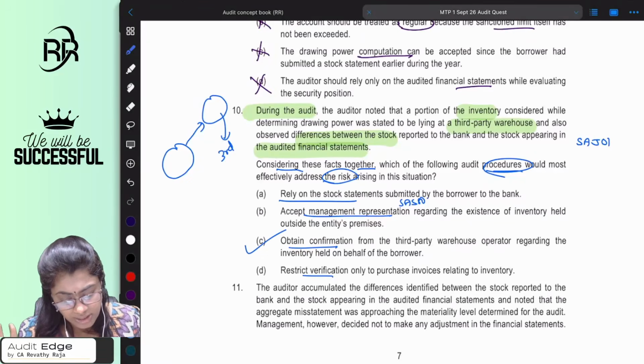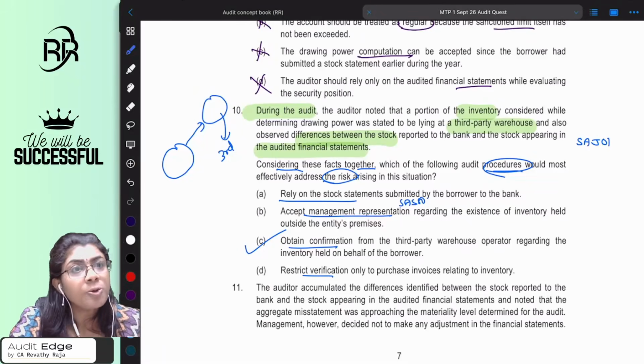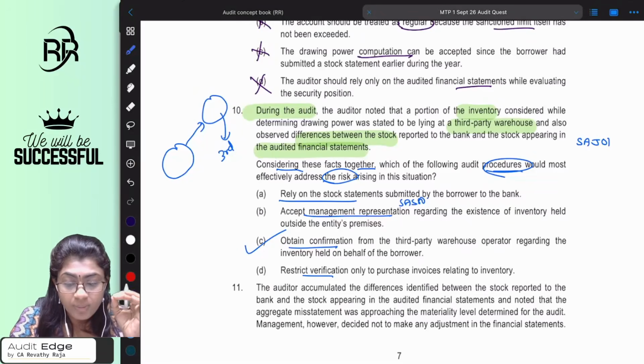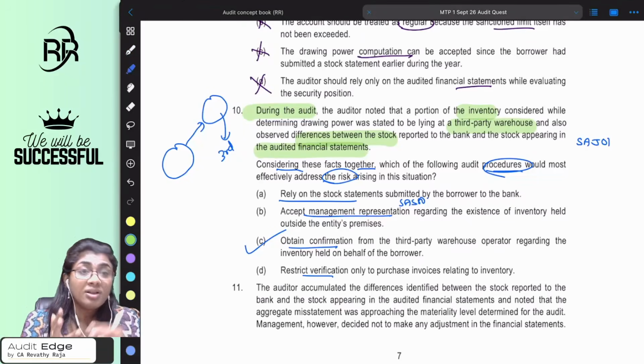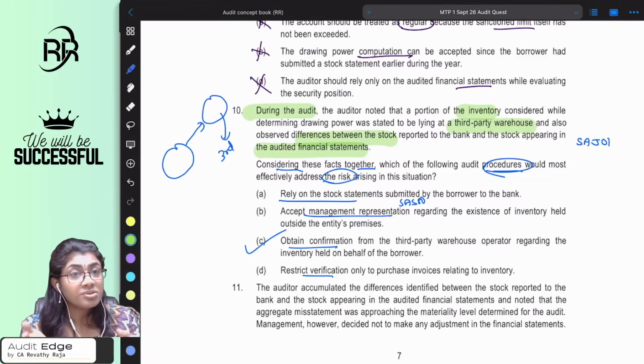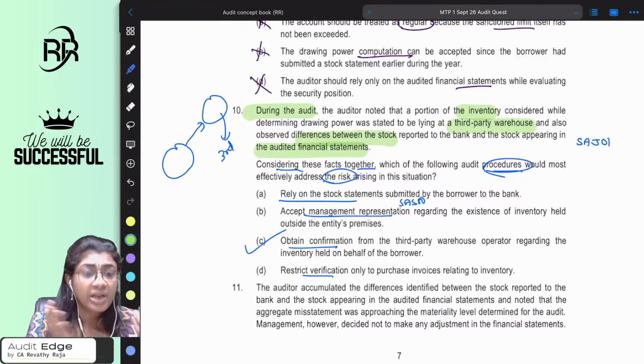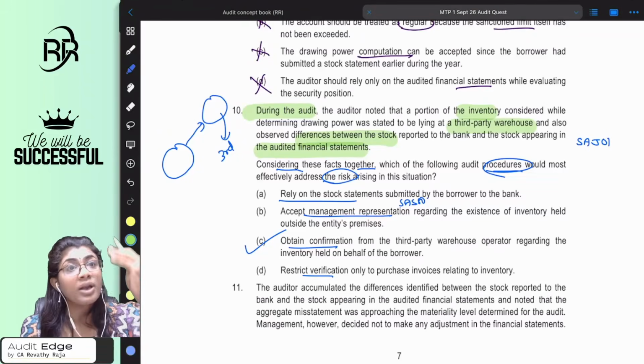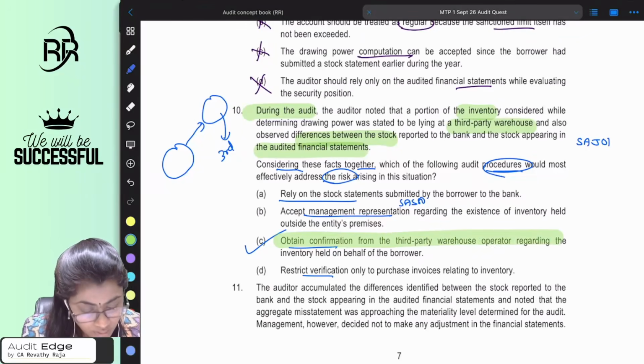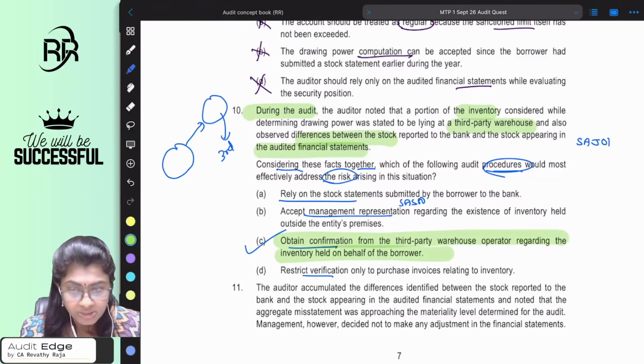So once stock is lying with the third party, the best option is to obtain a confirmation from them. We learn in SA 501, we learn in 505 that independent evidence is the most reliable evidence. Even 500 says based on source, internal and external. External is more reliable. So 10th one, the answer is C.